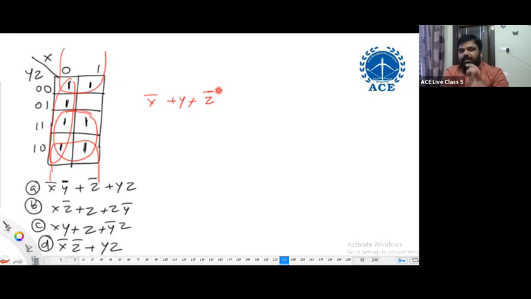These are dangerous words with respect to K-map or Boolean expressions, because you get an answer that is not in the options, and you immediately think the options may be wrong. No. So you need to write the K-map quickly. If I write the K-map for option A, let us see what we get.